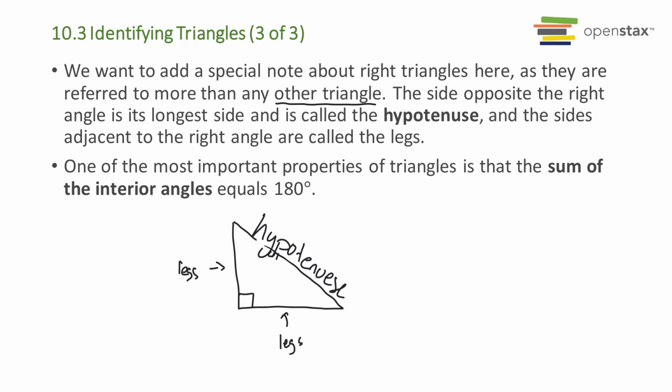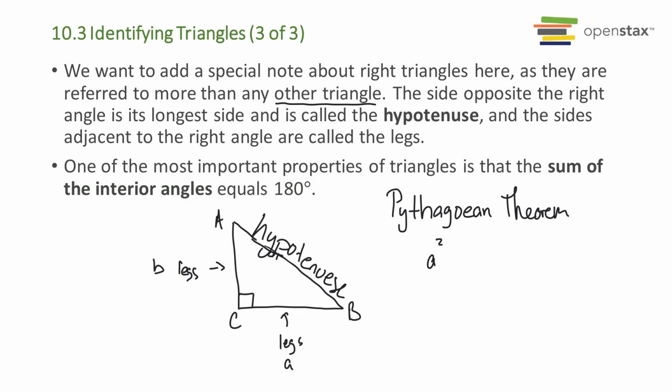One thing that's really not mentioned, probably because you learned it in middle school or early high school, is the Pythagorean theorem, which says that if we had this triangle ABC, and this is little a, this is little b, and this is little c, then a squared plus b squared equals c squared.